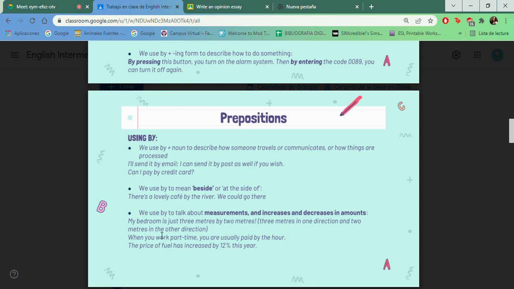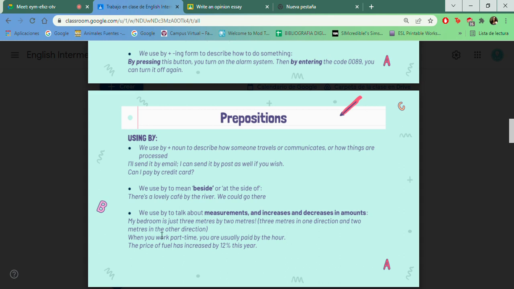And of course, it's a synonym of next to or beside, the prepositions next to or beside. There's a lovely cafe by the river. We could go there. For measurements, 3 meters by 2 meters, for example.